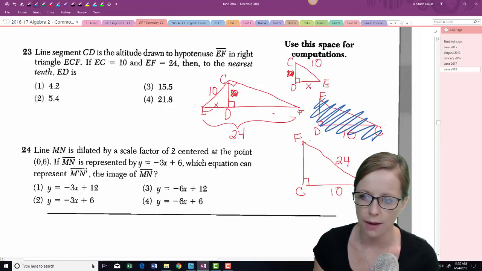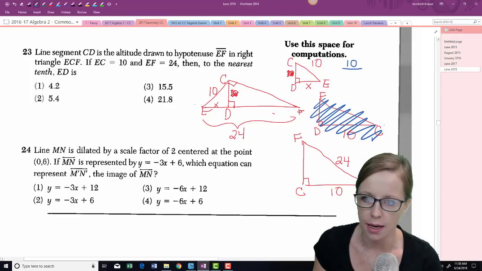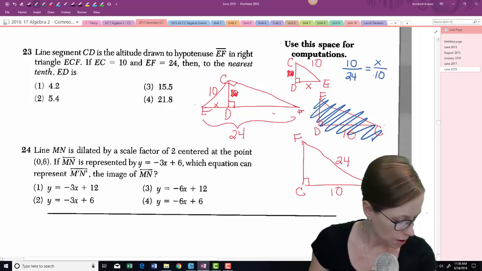Fabulous. So now you can see that you have two similar triangles, and you can see their side ratios set up real nicely. So in the little triangle, I have a hypotenuse of 10. In the big triangle, I have a hypotenuse of 24. In the little triangle, I have a leg of x, and in the other triangle, I have a leg of 10.